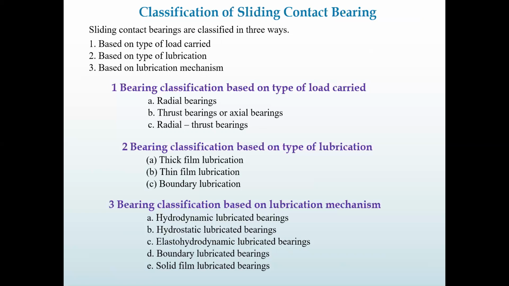Based on the type of lubrication: thick film lubrication, thin film lubrication, and boundary lubrication. And the last one is based on the lubrication mechanism: hydrodynamic bearing, hydrostatic lubricated bearing, elasto-hydrodynamic lubricated bearing, boundary lubricated bearing, and solid film lubricated bearing.